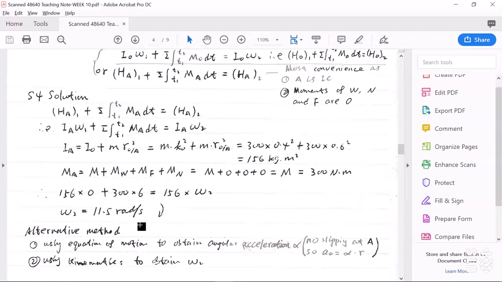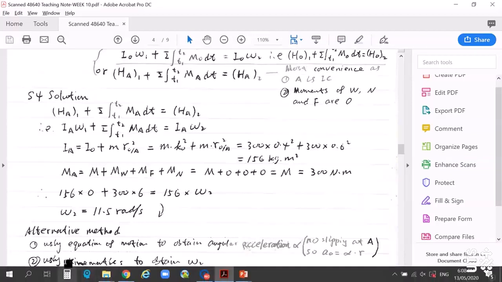As mentioned, we can solve this problem using kinetic equations of motion. We can use kinetic equations of motion to find the angular acceleration alpha.